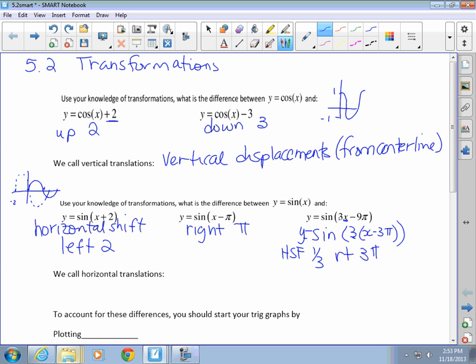So that means that this one will actually be compressing it. It'll be shrinking it a little bit. So instead of horizontal translations when we're dealing with trig functions, we call them phase shifts, and the phase shifts go left or right.